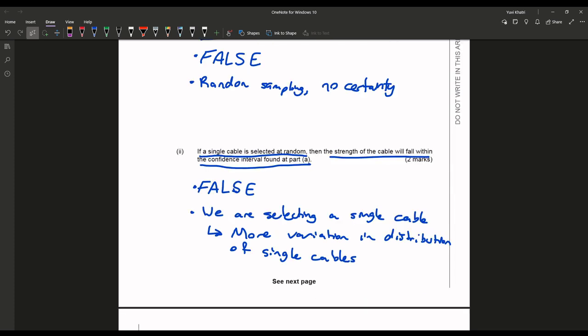And because there's more variation in the distribution of single cables, we might accidentally pick something that's outside of the confidence interval because it could be a faulty cable or something like that. And we're not doing any means, so that's why it may fall outside the confidence interval. That's part 2 of B.